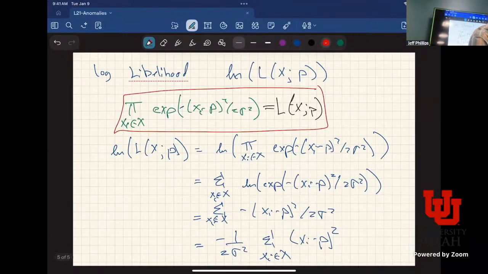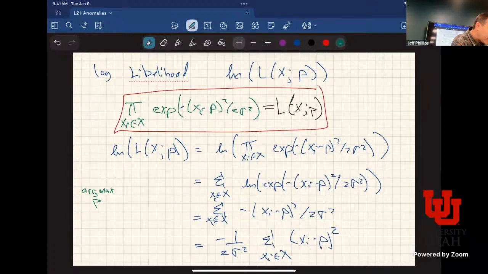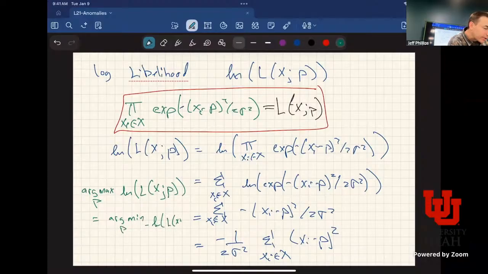And so now I can observe that the arg max over P of the log likelihood of P is equal to the arg min over P of the negative log likelihood of X. And this is equal to the arg min over P of the sum of (xi minus P) squared, right?